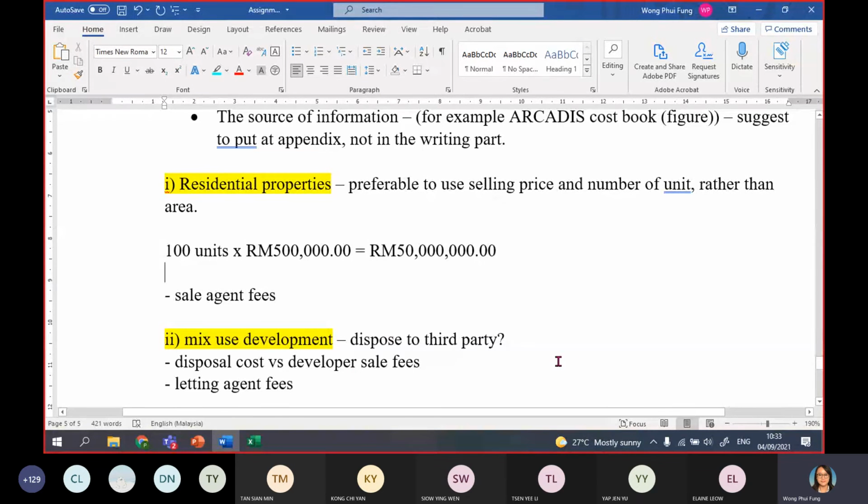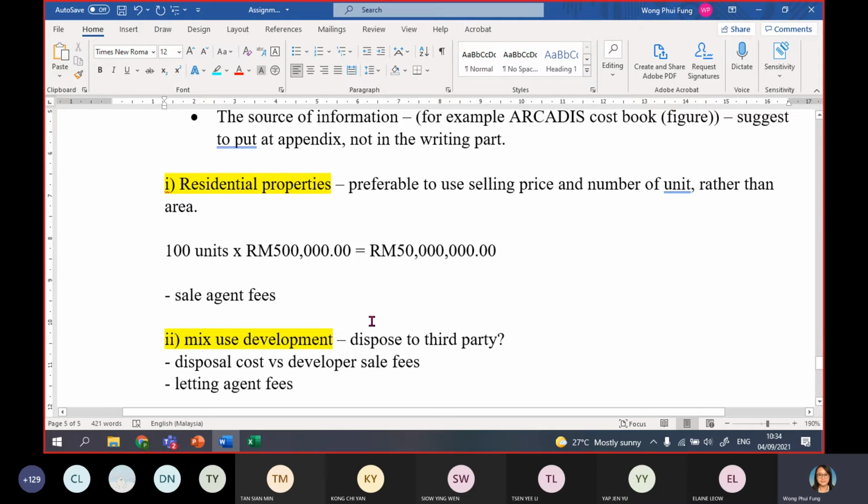Something for you to think about and consider: for mixed use development, you have to think about whether you want to dispose to a third party or not. If you decide to dispose to a third party, you have to include the disposal cost and also the developer sales fee in the promotion section. Some of you dispose to a third party, so you have a disposal fee.